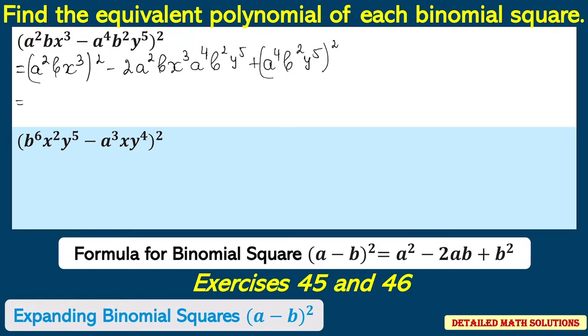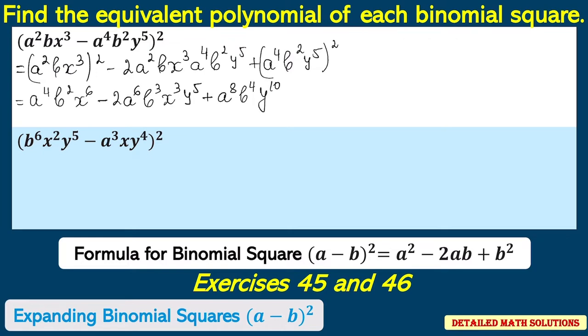This equals a to the 4th power b squared x to the 6th power minus 2a to the 6th power b cubed x cubed y to the 5th power plus a to the 8th power b to the 4th power y to the 10th.